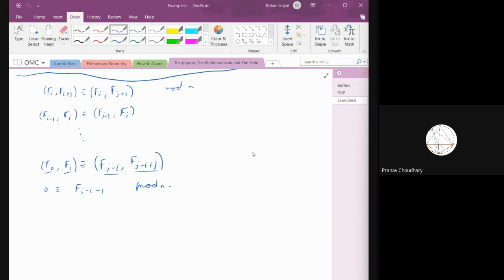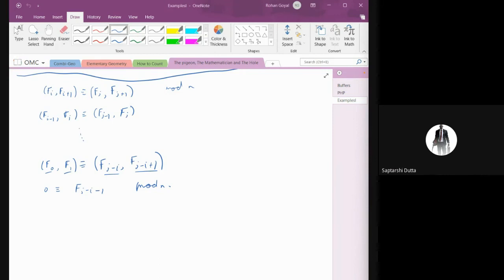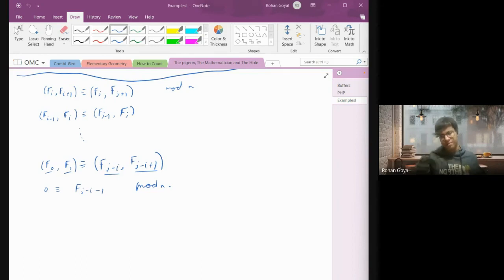So if you see from 0, then F15 is the 16th term only. Okay, maybe it must be p square minus 1 is the connection, I think.